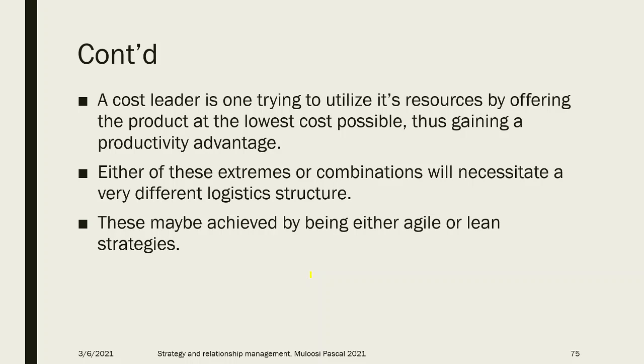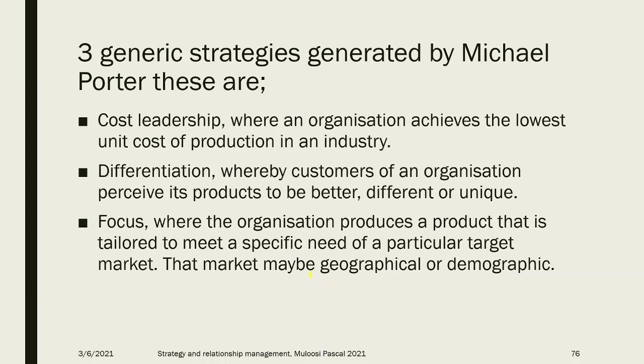And yet a cost leader tends to be lean because he tries to remove all the wastes in the supply chain. So those are the three strategies put forward by Michael Porter, a guru in strategy.